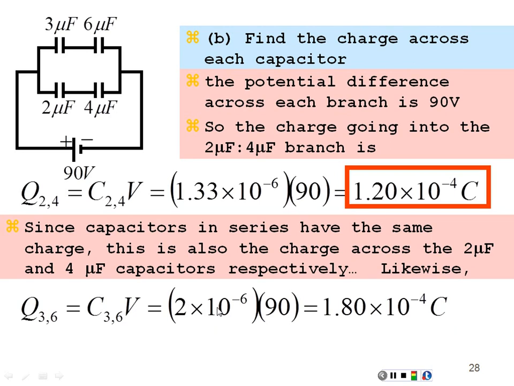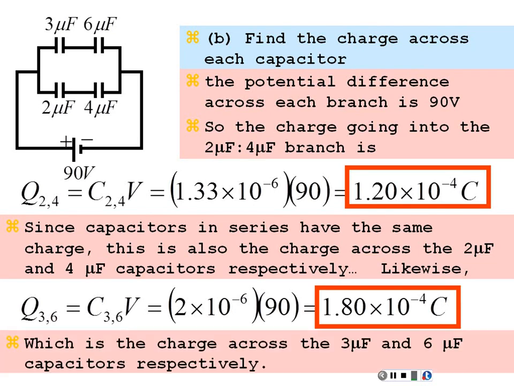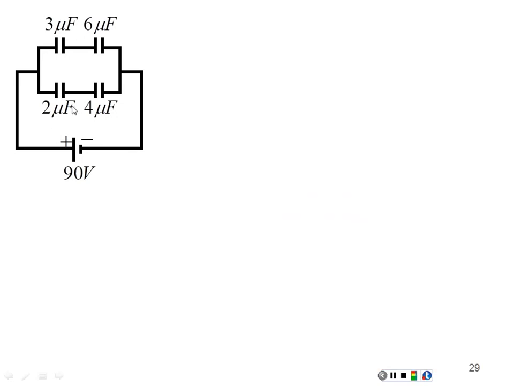So we have 2 times 10 to the minus 6 times 90 volts, which gives us a charge on the equivalent capacitance of that branch, 1.8 times 10 to the minus 4 coulombs, and that also will be the charge on the 3 and the 6, because things in series have the same charge as their equivalent device. So we now know the charge on all 4 capacitors.